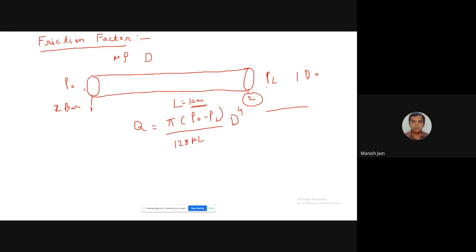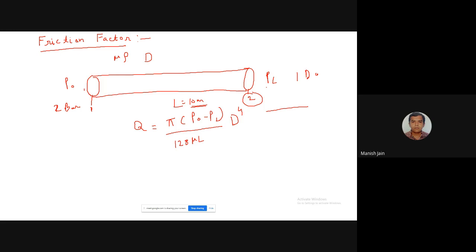Then they distill the crude oil and produce diesel and gasoline. Now they have to transport the diesel from the Mathura refinery to Lucknow or Jaipur, again by pipeline. Now you have to calculate how much power is required, or how big pumps are required, to pump the fluid from Kutch to Mathura, then Mathura to Lucknow.